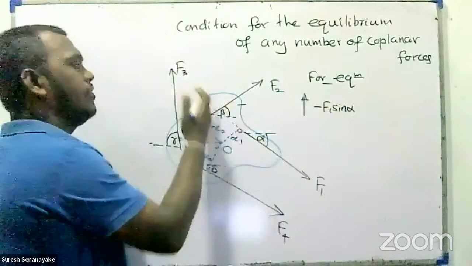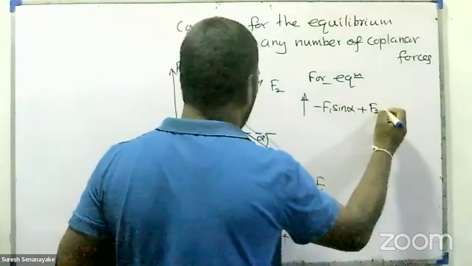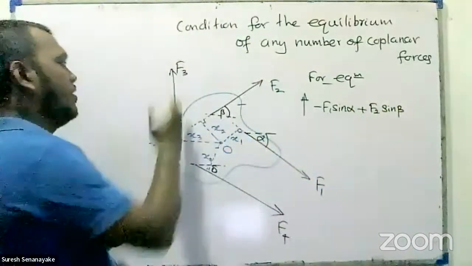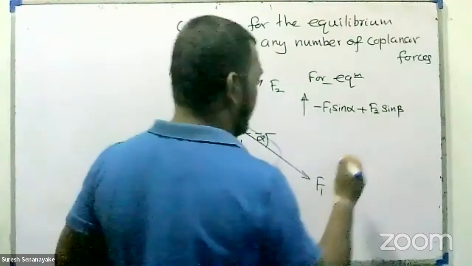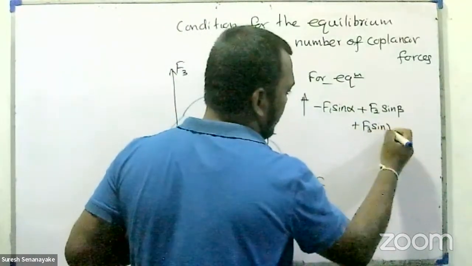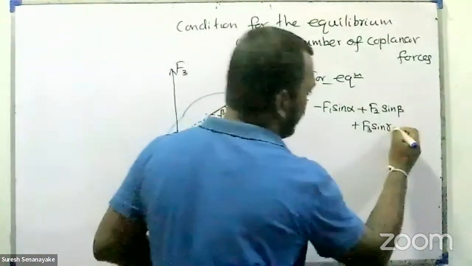This F2 is given upward, this is plus F2 sine beta. This also is given upward. And plus F3 sine gamma gives the downward one, and this is minus.